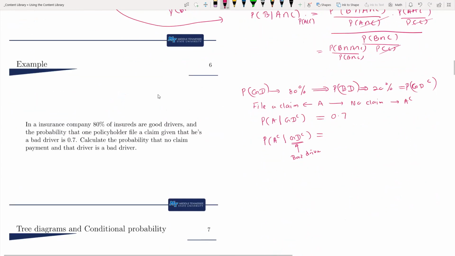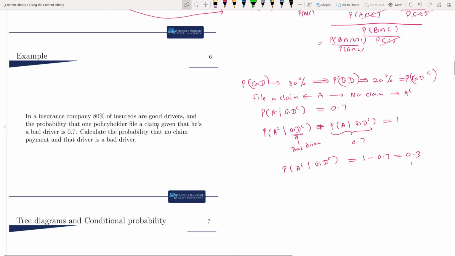So if I use that, this one plus probability A given bad driver is going to be 1. Now this value we know as 0.7. So basically probability A complement given a bad driver is going to be 1 minus 0.7, which is 0.3. Okay, that's how you do that kind of problems.